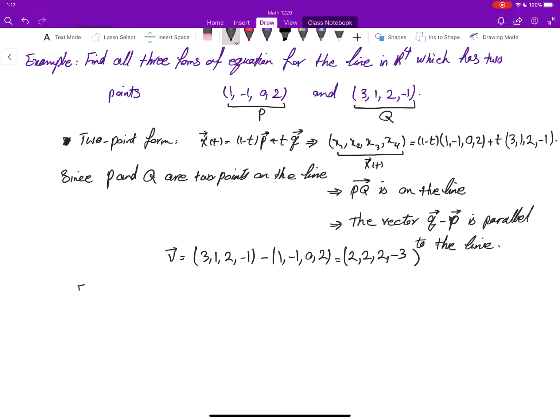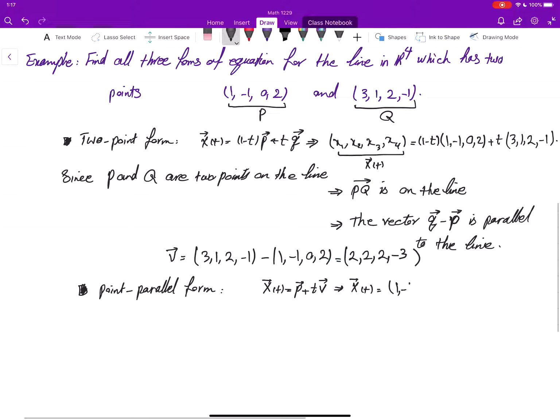Well, now we have a point. Pick one of them, P. So then we can write the point parallel form, which is x(t) equals P plus tV. In this case, x(t) is equal to (1, negative 1, 0, 2) plus t times (2, 2, 2, negative 3).